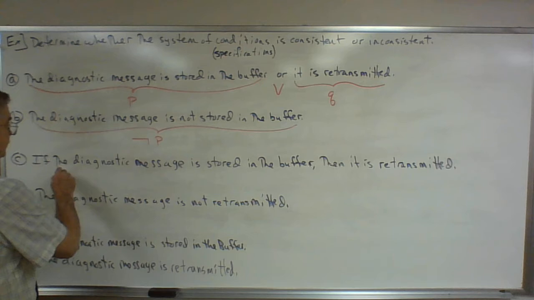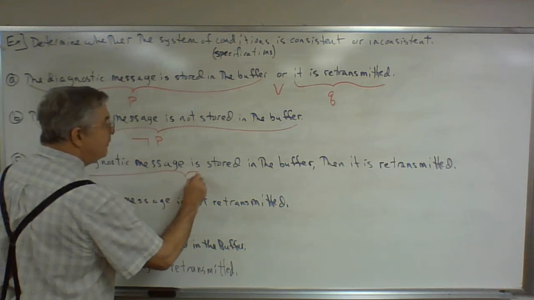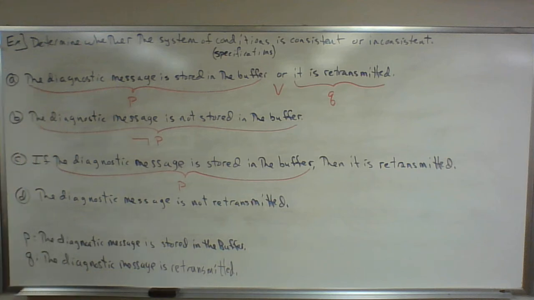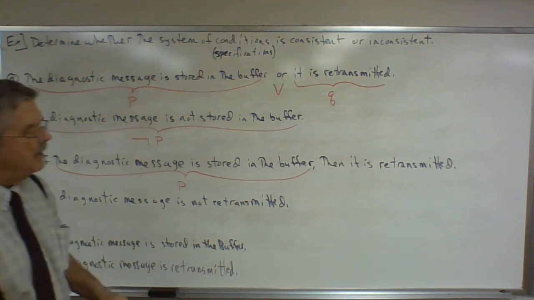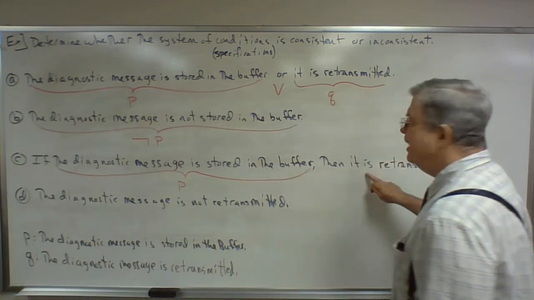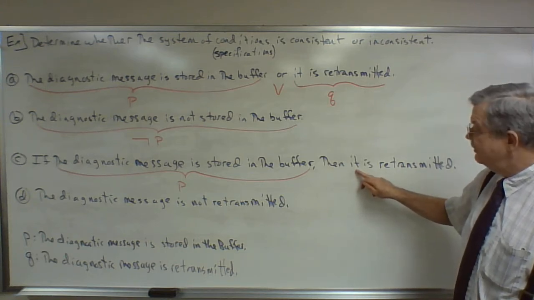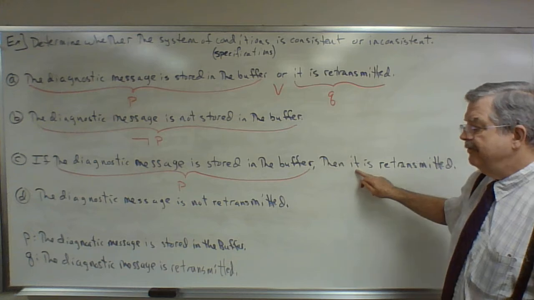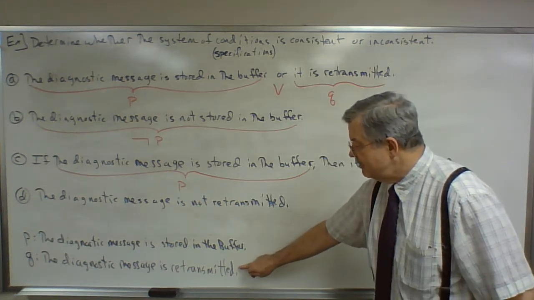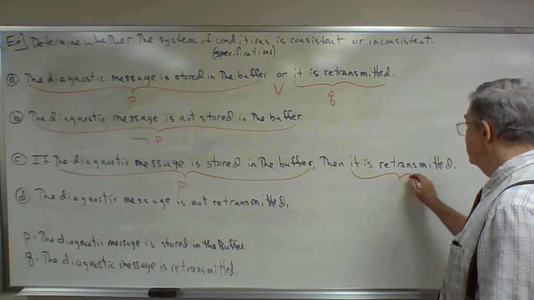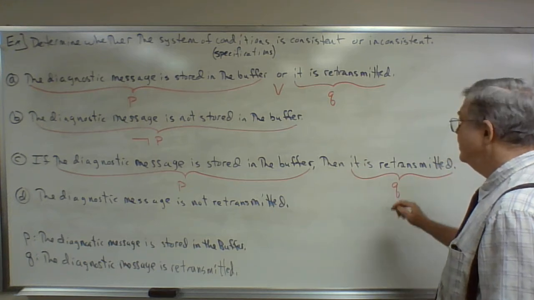So I will just denote this with P. And this thing, it is retransmitted, it being the diagnostic message. That's just Q. The diagnostic message is retransmitted. So this is Q.